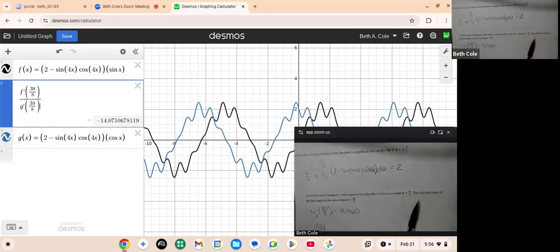Again, I don't love that question. It was just a bunch of hitting buttons. But this is y, r sine theta, and this is x, r cosine theta. And I did dy d theta over dx d theta at 3 pi over 8. And that's our answer, negative 14.071.